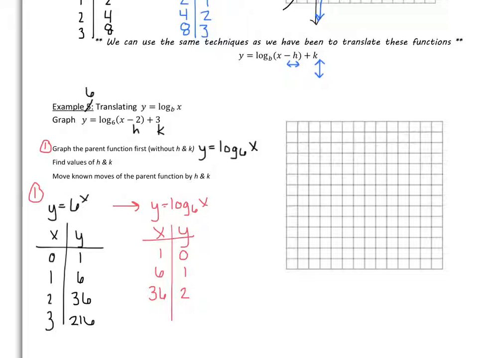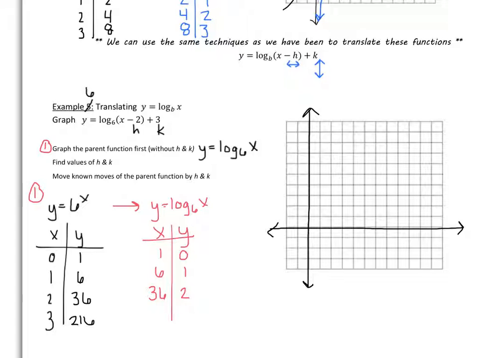Make your axes kind of towards the bottom and towards the left. We'll make our y's go by 1s as usual, but we have to get to 36.